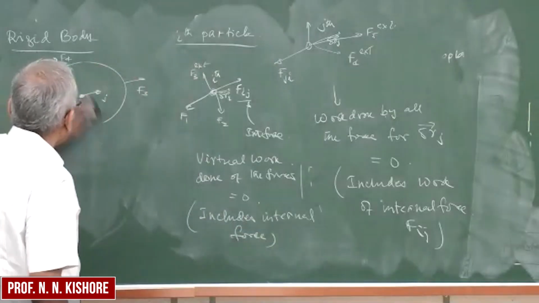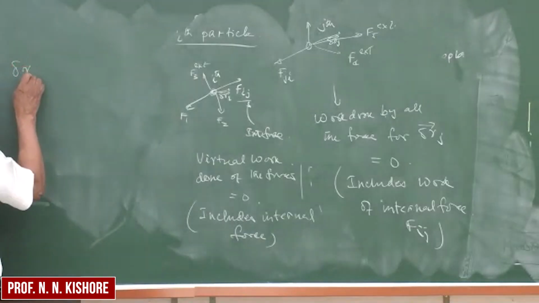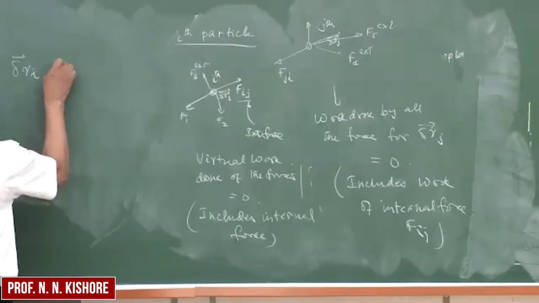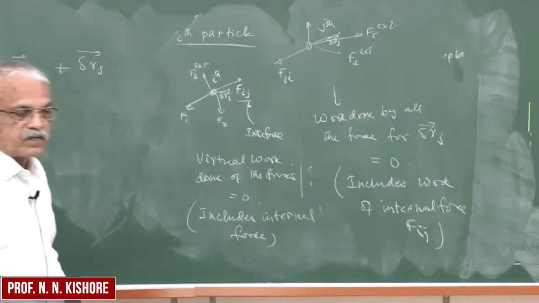So delta Ri and delta Rj are not the same, right?